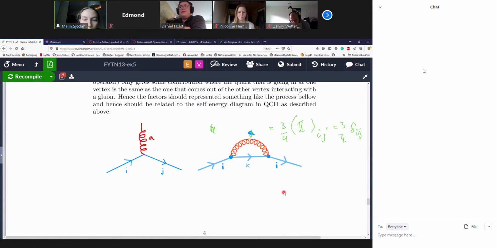So here, the first vertex, the gluon is called A, so there's a TA, and then the incoming quark is I, and the outgoing quark is J. So this is the color factor of the first vertex. The second vertex then has a similar color factor. It's the same gluon, A. There's an incoming quark which is, sorry, I should have gone with K in the previous place, because you call it K there.